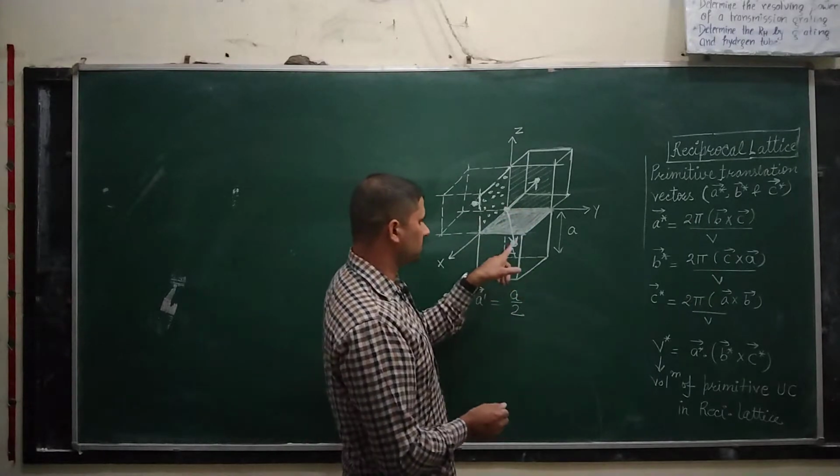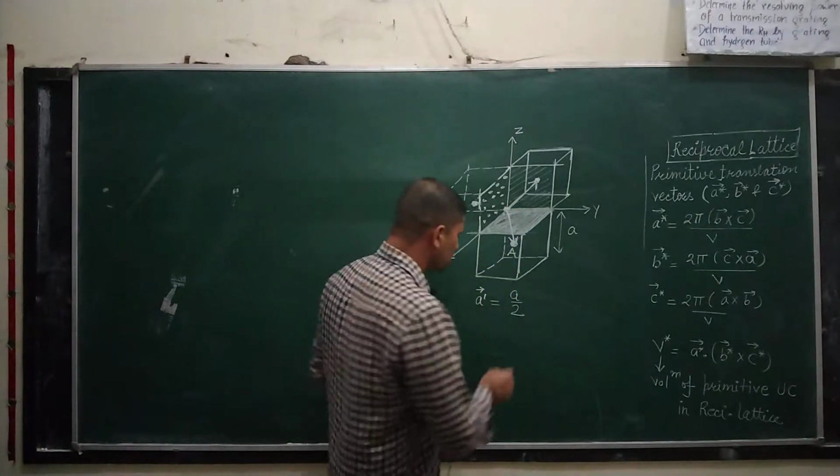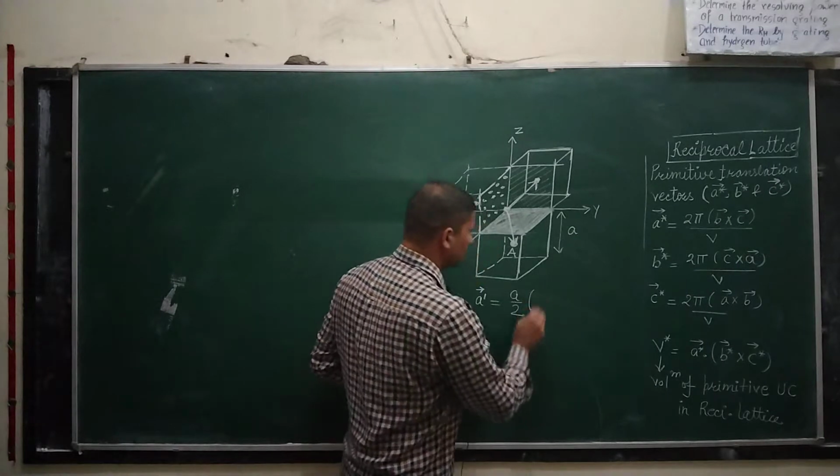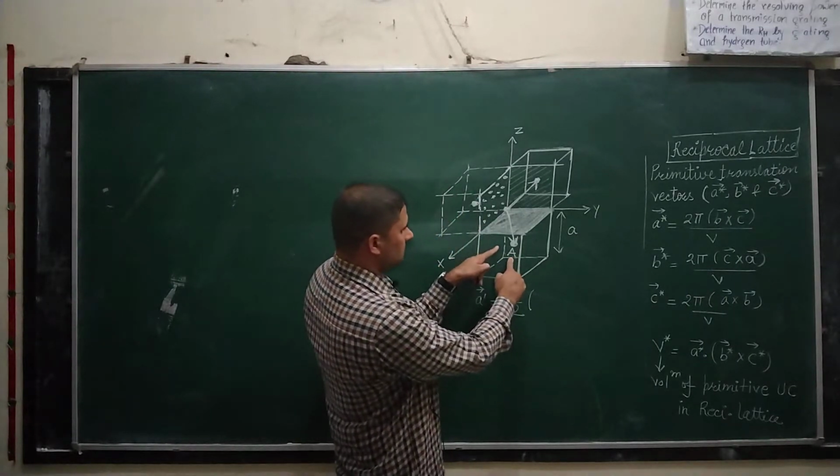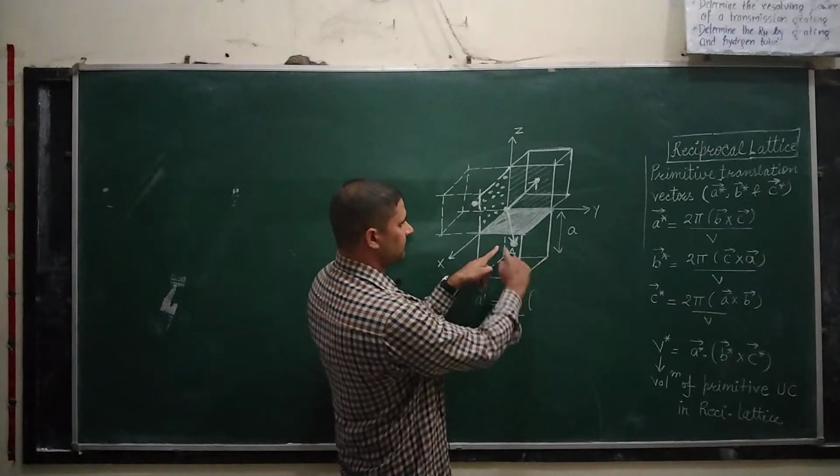Why a by 2? Because this is at the center, so a by 2 times of, now see, this particle is in which plane?